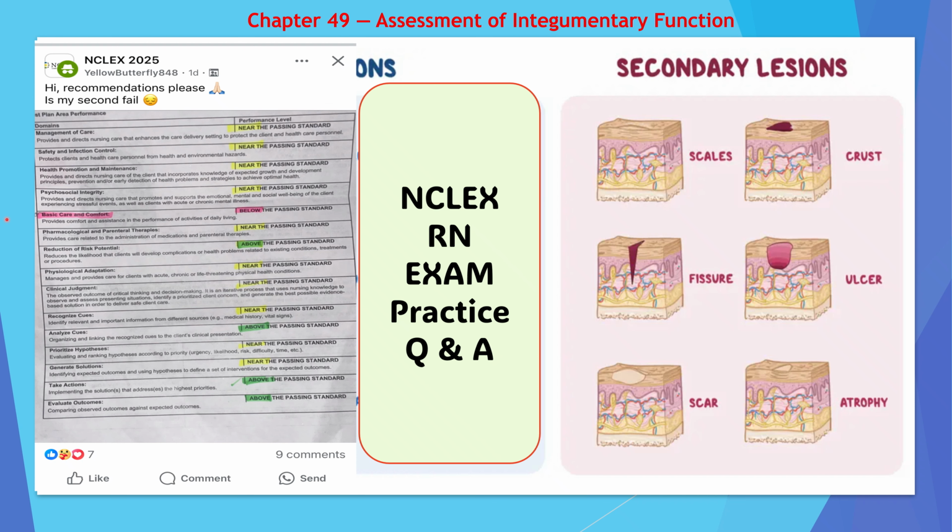Some instructors think students should know the pathophysiology and the anatomy, because then later you know how to implement.